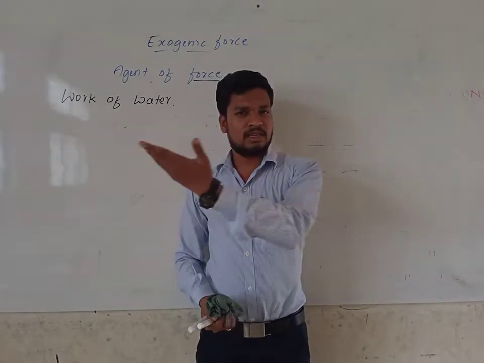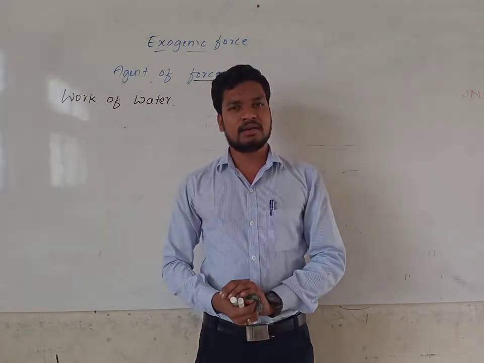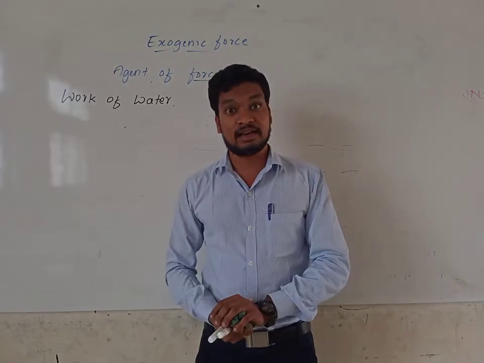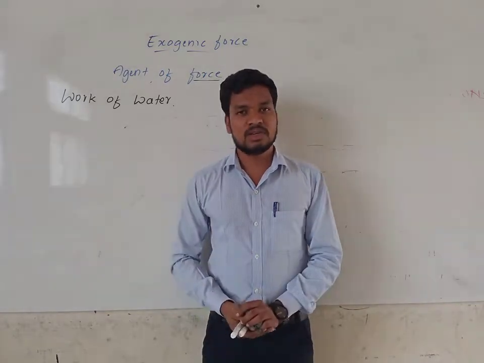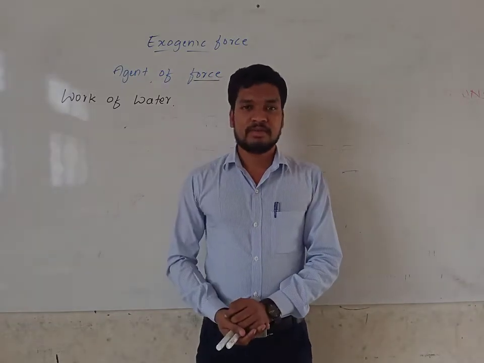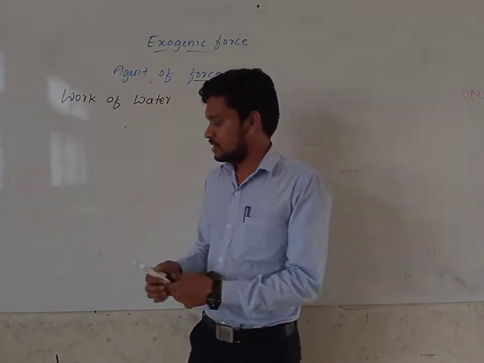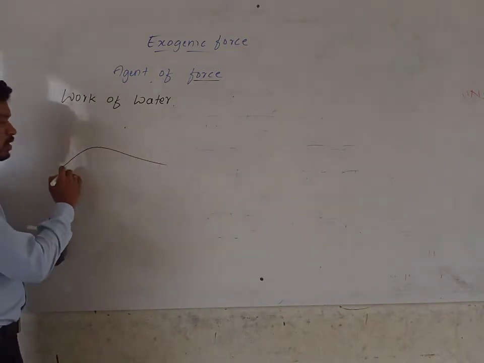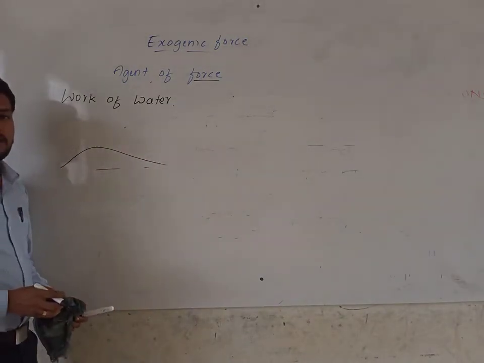Earlier, this place might have had a big landmass like a mountain, a hill, or sand dunes. After thousands of years, this place will not have the same things because of this exogenic force. Suppose we have a hill in one place.